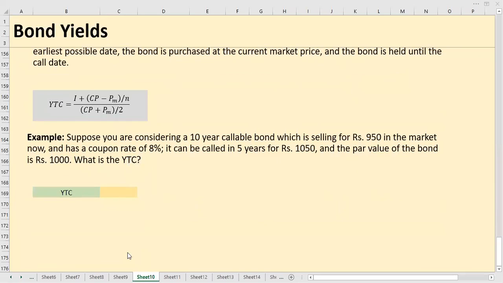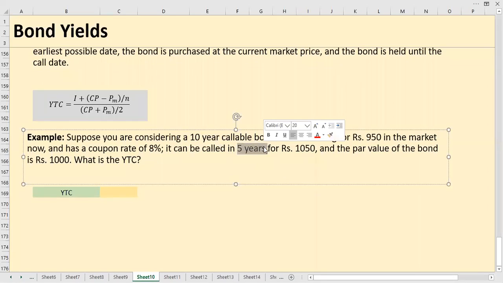The difference between yield to call and yield to maturity is, if you are calculating yield to call, you will have to stick with 5 years because we only have 5 years to call. If you are calculating yield to maturity, you will have to go with 10 years.